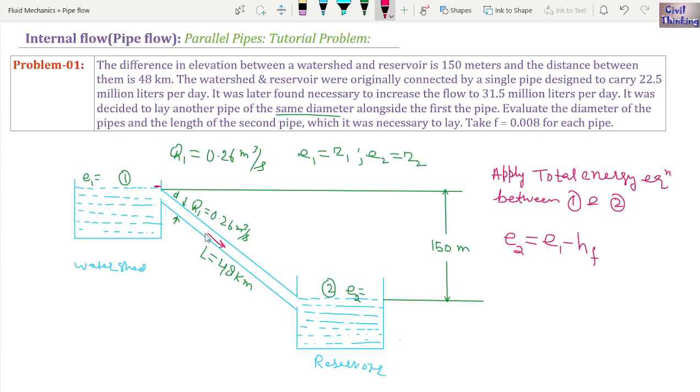So E2 is E1, the total energy, minus the loss of energy from this point to this point. This is the reason energy at 2 is equal to E1 minus head loss due to friction. Now what do we have to find? We have to find the diameter of the pipes, this d.